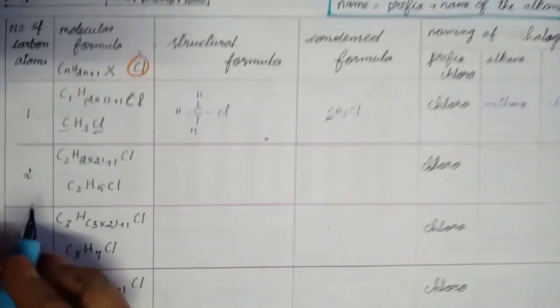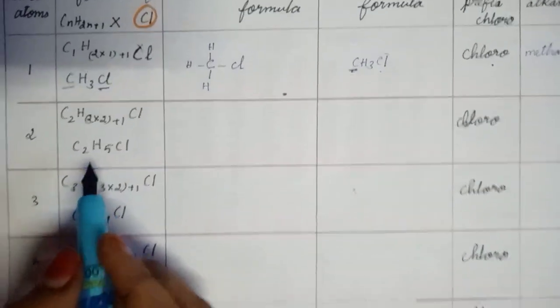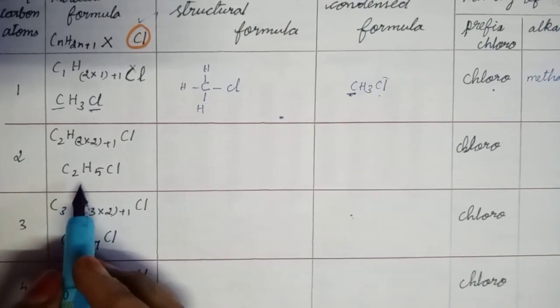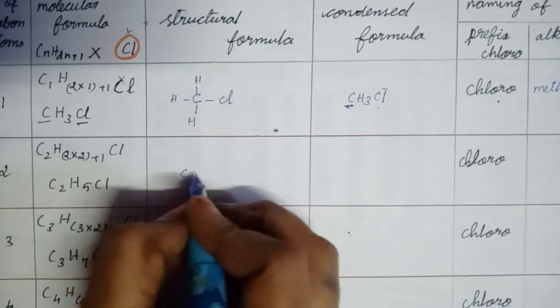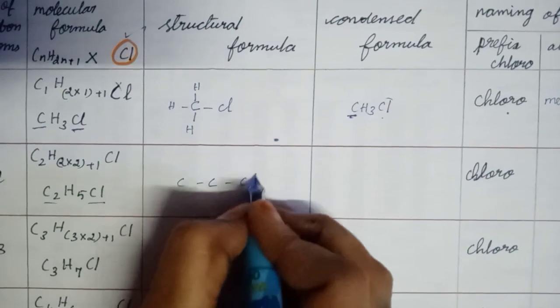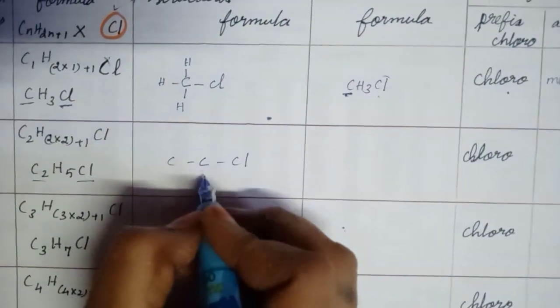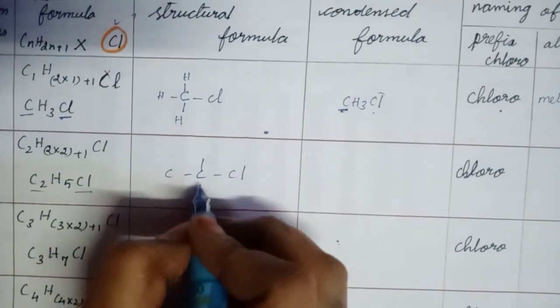Next, substitute 2. From the general formula, we get the molecular formula C2H5Cl. How many carbons? 2 carbons. Next, the functional group Cl. Okay, and the framework. This carbon is satisfied by 2 bonds, it needs 2 more.